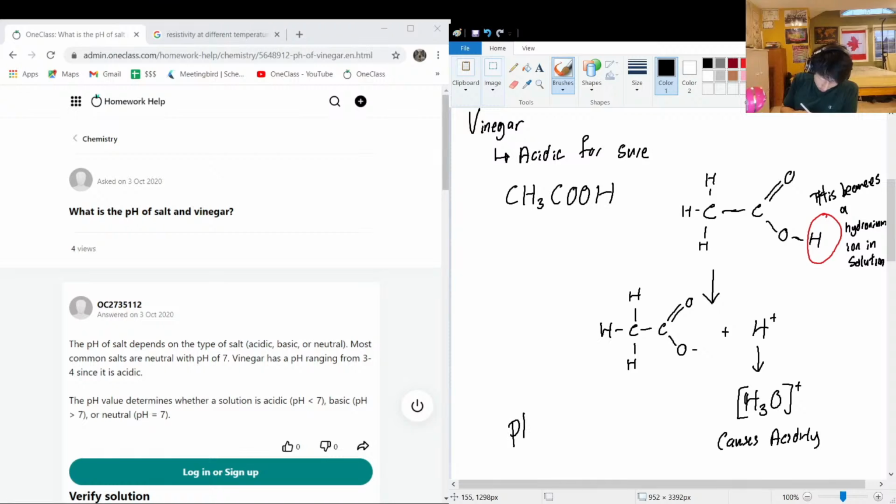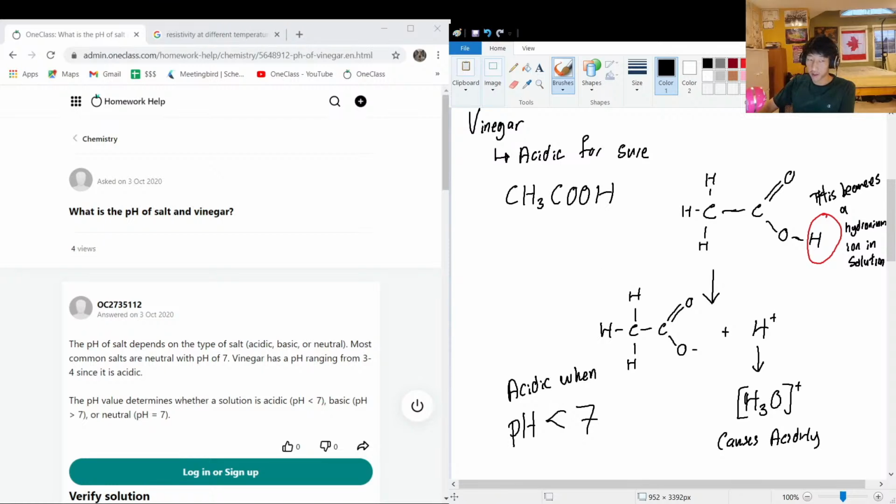And pH is going to be less than 7 because 7 is neutral, more than 7 is basic, so it's got to be less than 7 for acidic. Okay, and that's just caused by the hydronium ion that breaks off here.